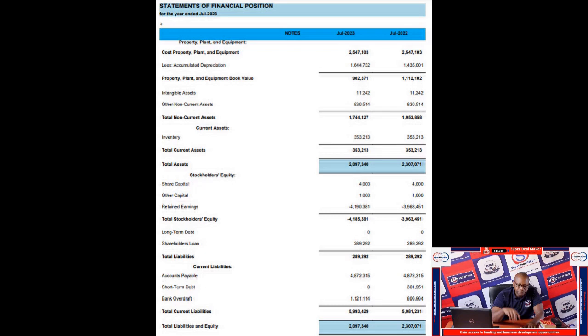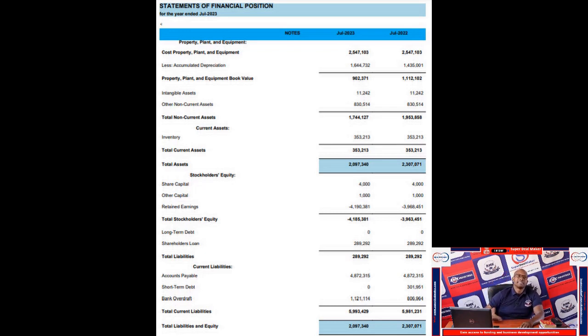Generally, the long-term liabilities will be if the business has a bond over a property, if it has assets that it purchased on a finance lease, or if there are shareholders loans.